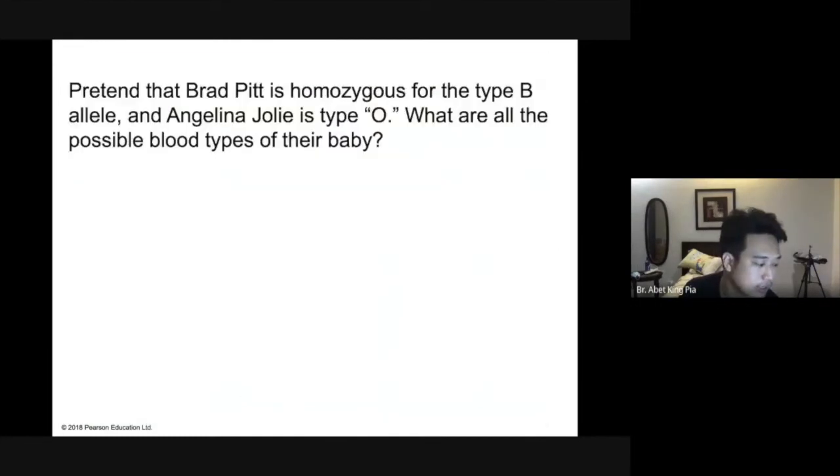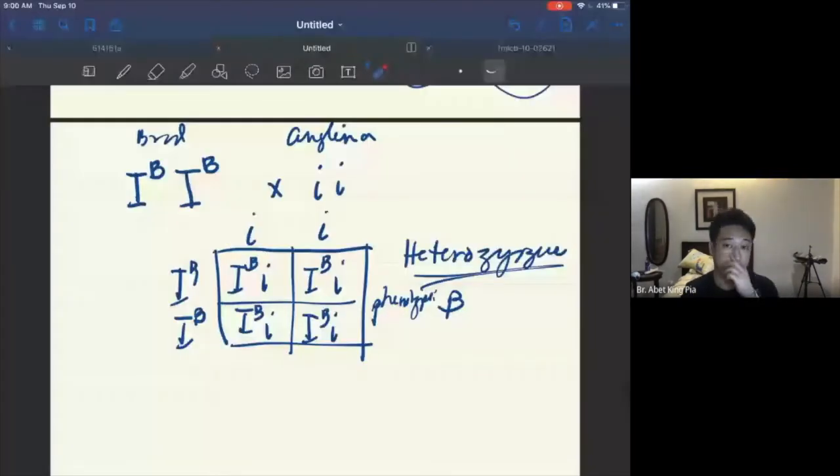So let's have this problem for an example of blood typing. Pretend that Brad Pitt is homozygous for the type B allele and Angelina is type O. What are all the possible blood types of their baby? Ayan.